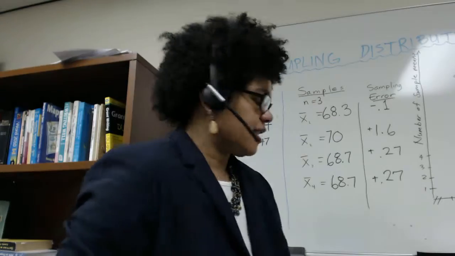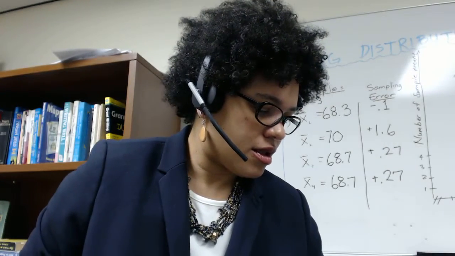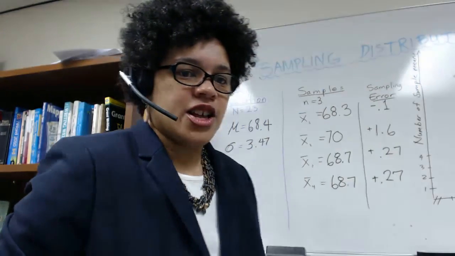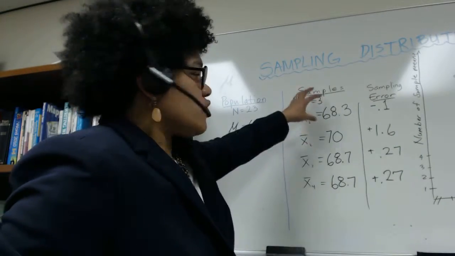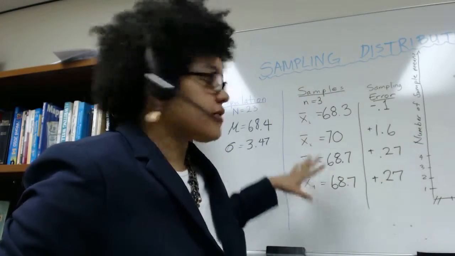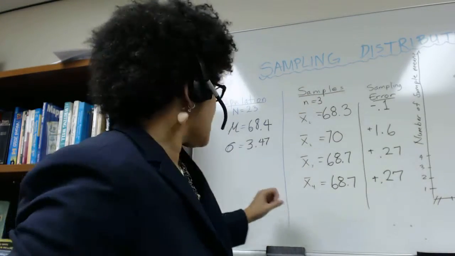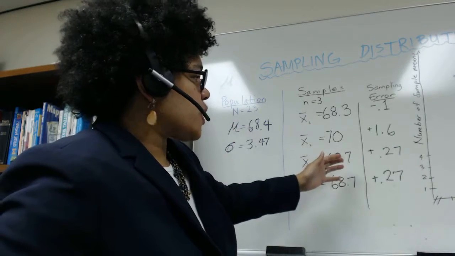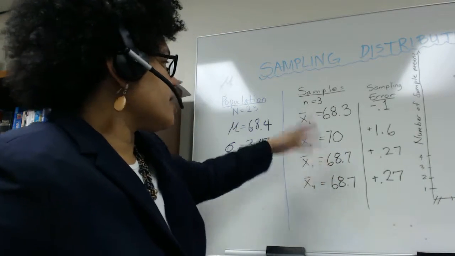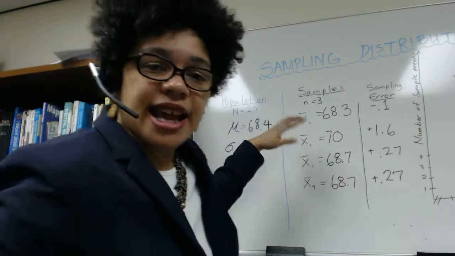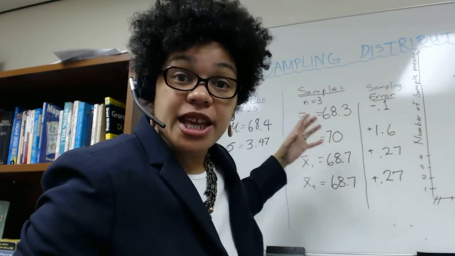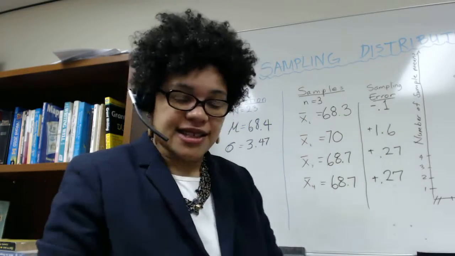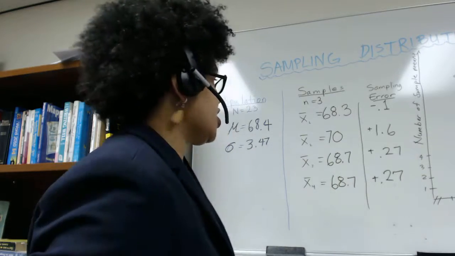So now, we know we can draw samples of some sample size. We see that none of the samples we drew had the exact same mean as the mean of our entire population.